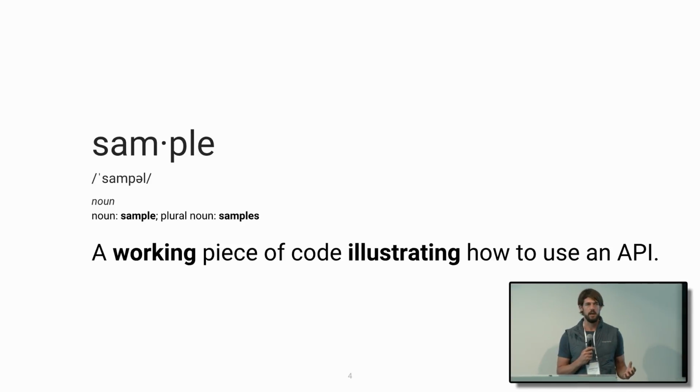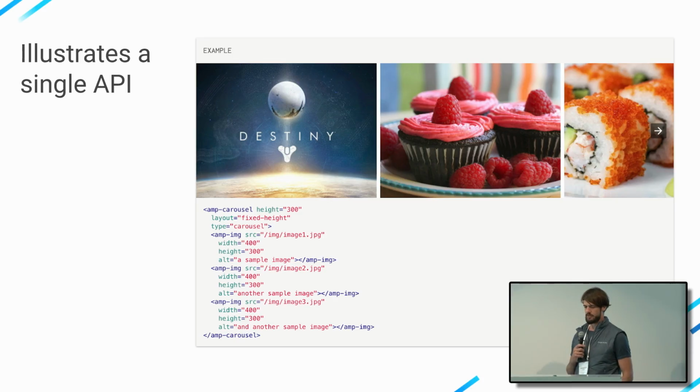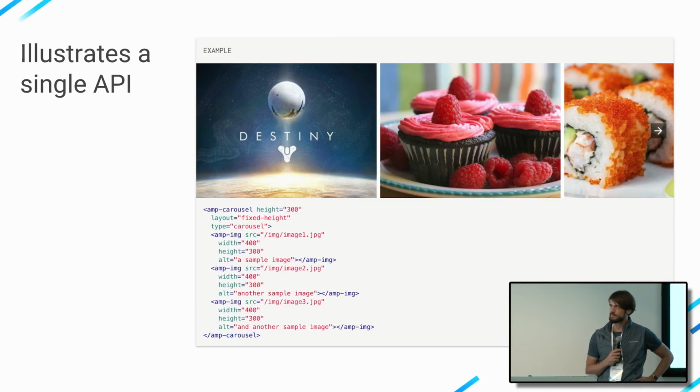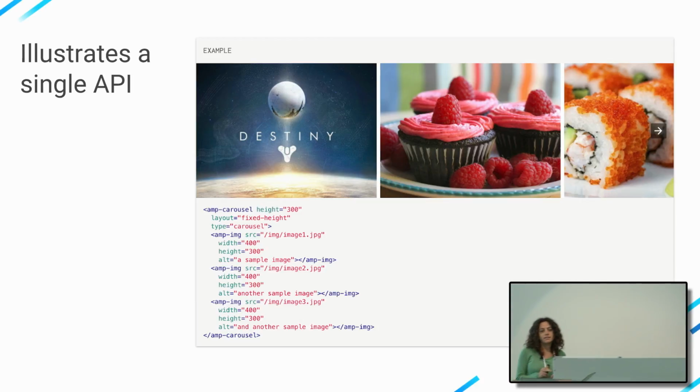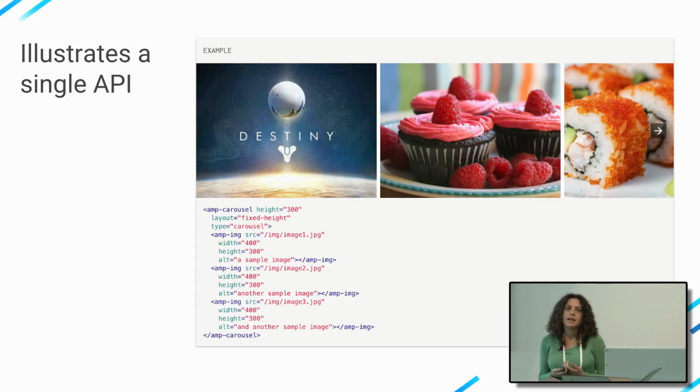In AMP, we have three different kinds of samples. The first type is the one that describes the usage of a single API. If you think about an AMP component as a single API, here you can see how we are explaining how to use the AMP carousel by a sample. The point of this type of sample is to provide some code that could be easily copied and pasted.